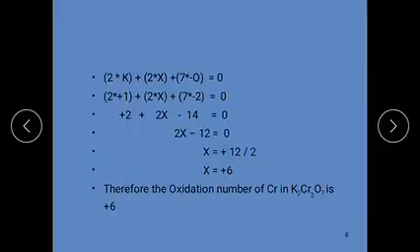As per the rules, the sum of the oxidation numbers of atoms in a molecule is equal to 0. That is, 2 into potassium plus 2 into X plus 7 into oxygen equals 0. 2 into +1 plus 2 into X plus 7 into -2 is equal to 0.